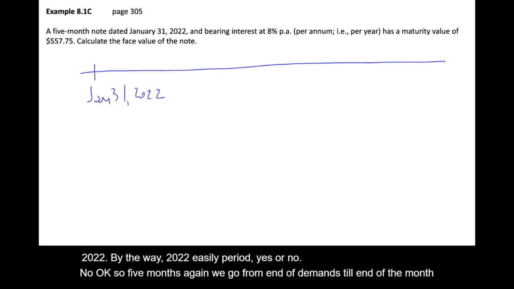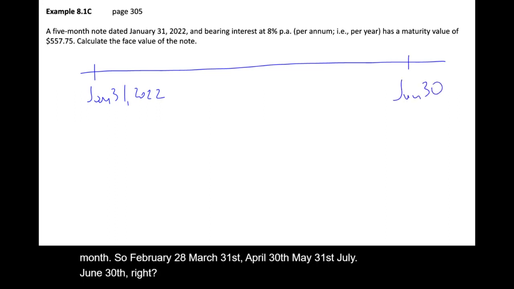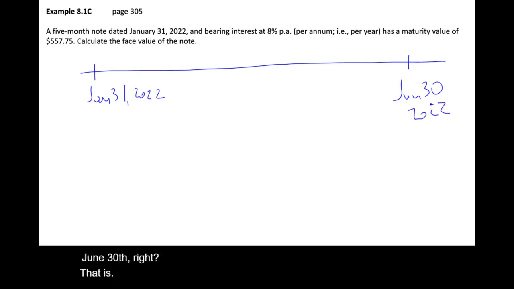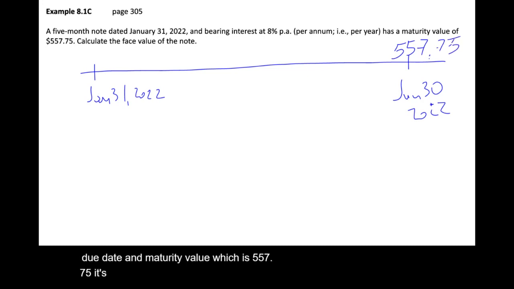So February 28th, March 31st, April 30th, May 31st, June 30th, right? That is the due date and maturity value, which is 557.75. It's already at maturity date, of course.